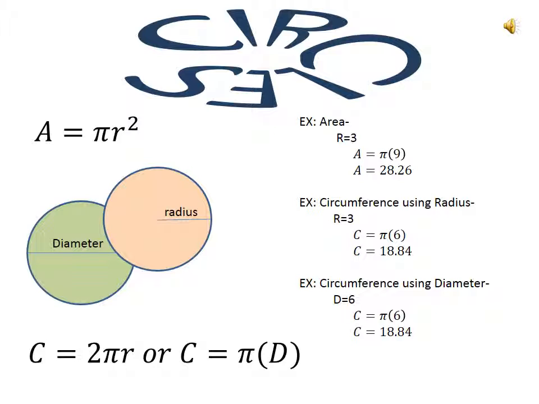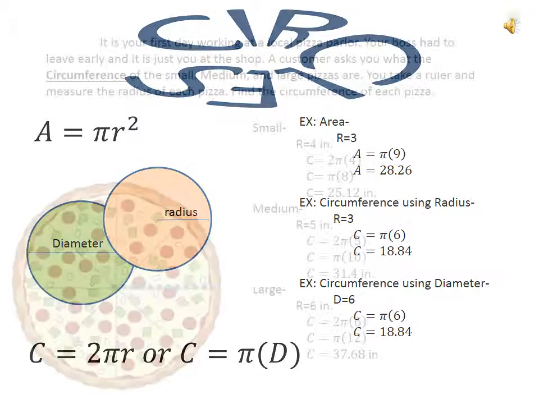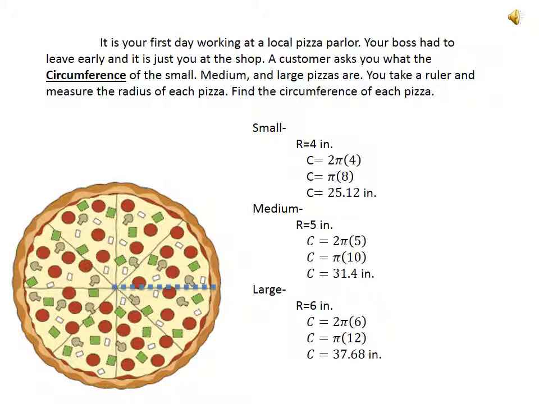So 3 times 2 equals 6. Then we would multiply 6 times pi, which gives us 18.84. If we were to use the diameter, which is 6, we would use pi times 6, which also equals 18.84.